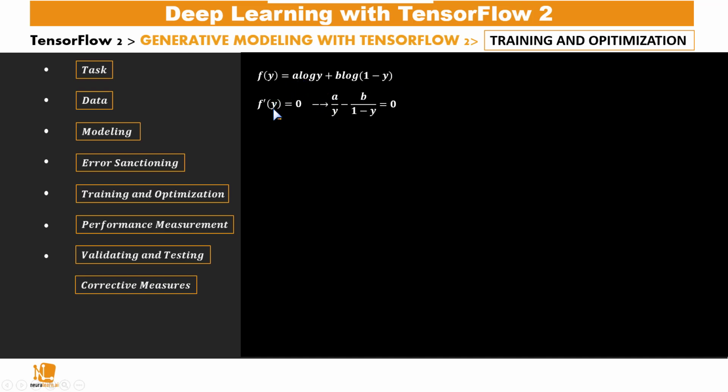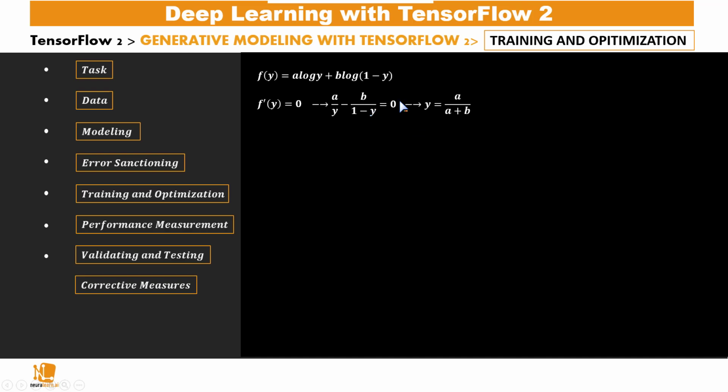Deriving with respect to y, a is a constant, and the derivative of log y is 1 on y, so that's why we have a on y. The derivative of log of (1 minus y) is minus 1 divided by (1 minus y), so that's why we have a negative here. Then we have b, the constant. So all this equals 0.